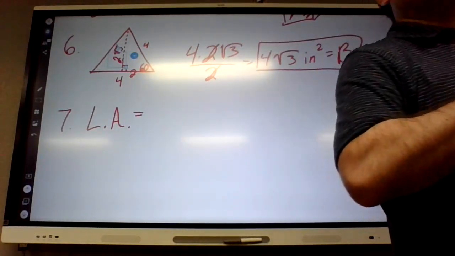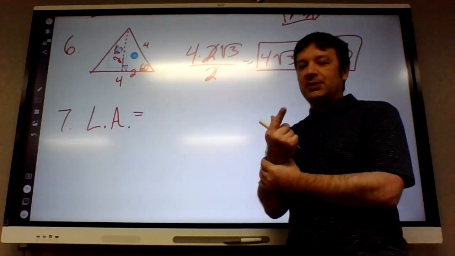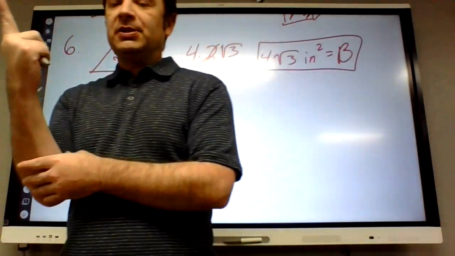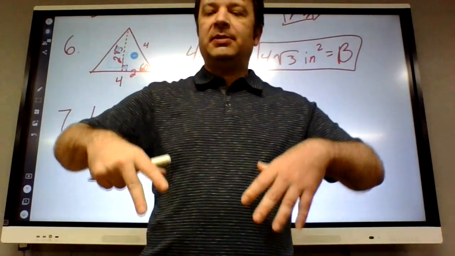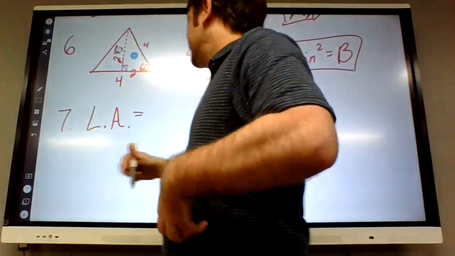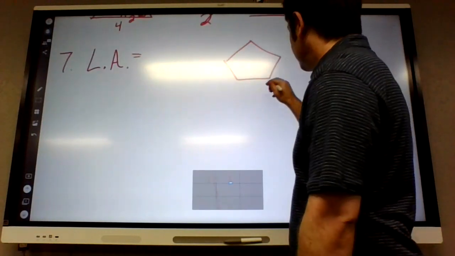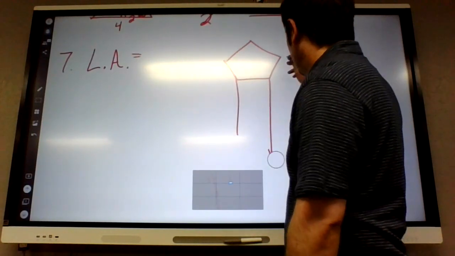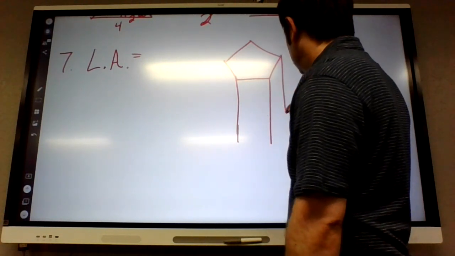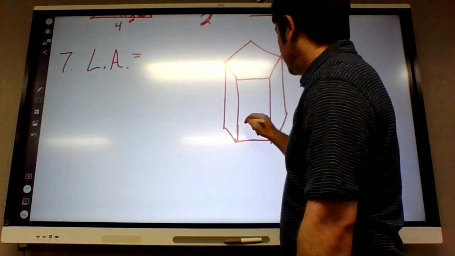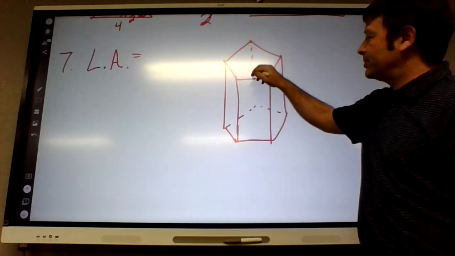So how have we been finding lateral area? Perimeter times height. Perimeter of the base times the height. When I think about it in my brain, there's like visual things going on, and it's a lot easier to remember and use these formulas.